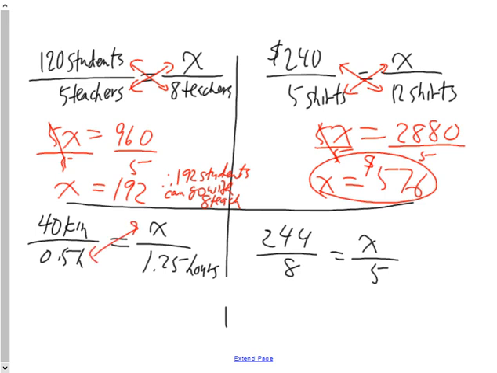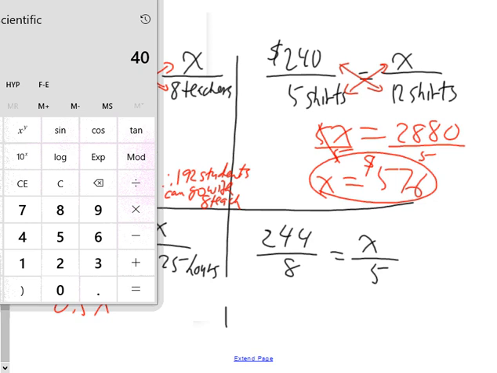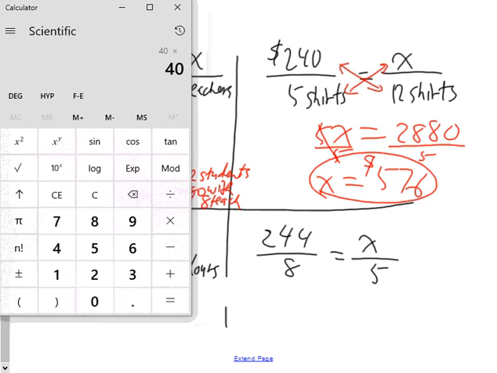Next question, we're going to multiply here and get 0.5x. Now remember, that's half of x, which also could be written like this if you wanted to. Half of x equals whatever 40 multiplied by 1.25 equals 50.